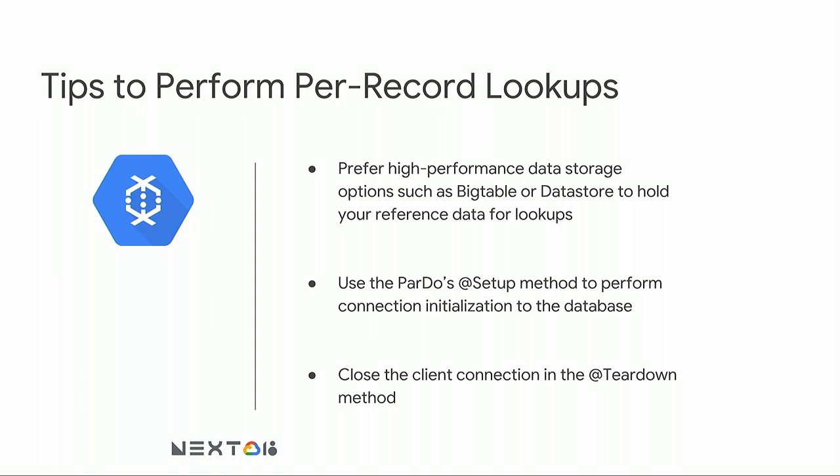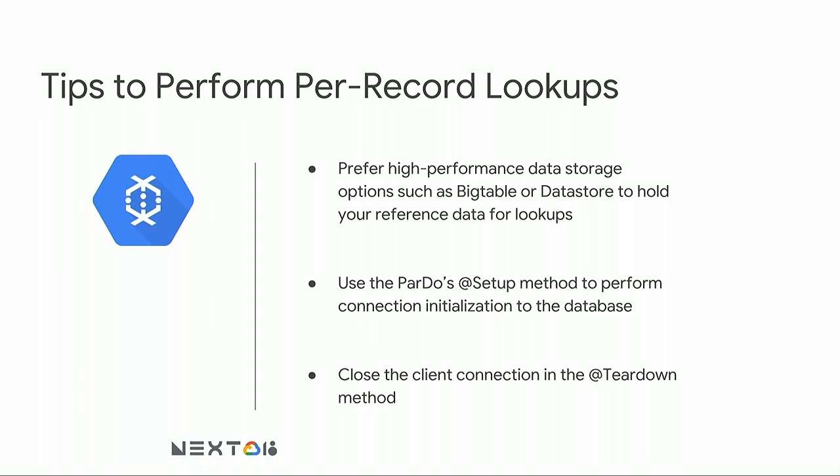And we also want something that's scalable, because if we put, let's say, a single Postgres instance to do our lookups, Dataflow is like a cannon we shoot at GCP products, and so you can easily make a single instance fall over. So we want to keep that in mind when we're doing our per-record lookups.